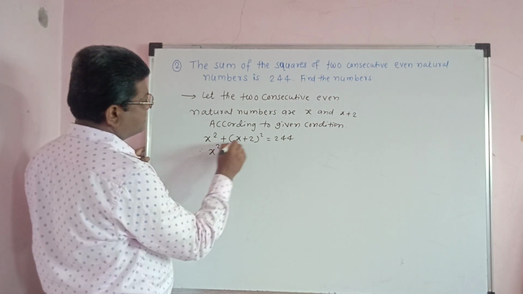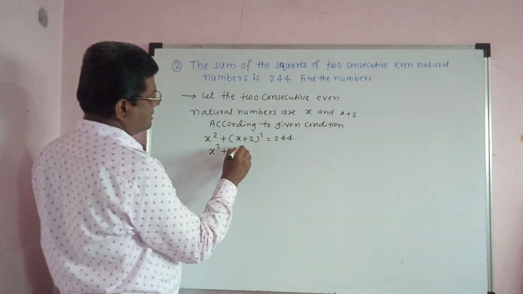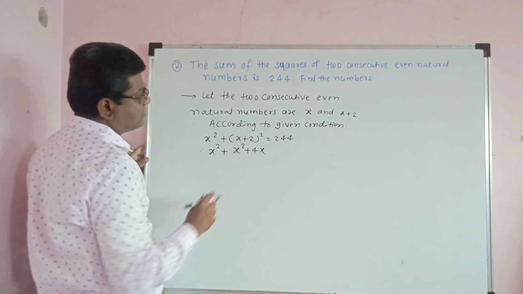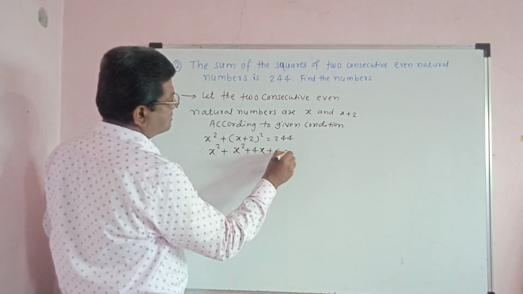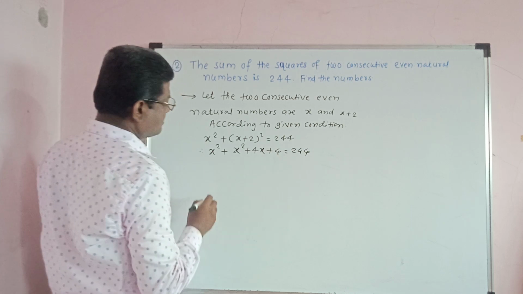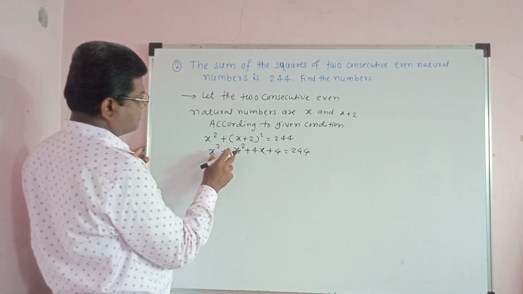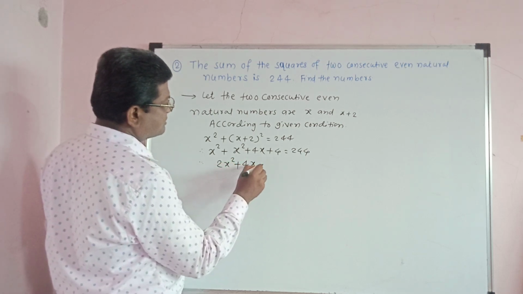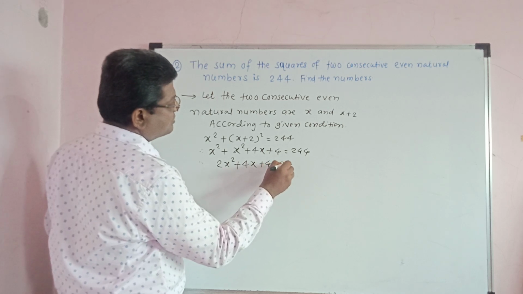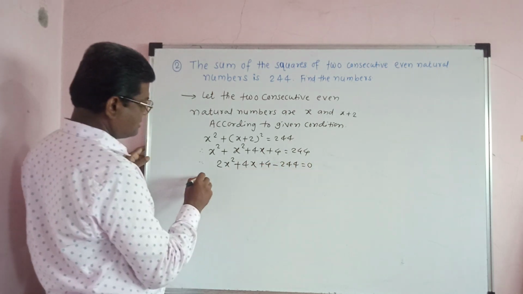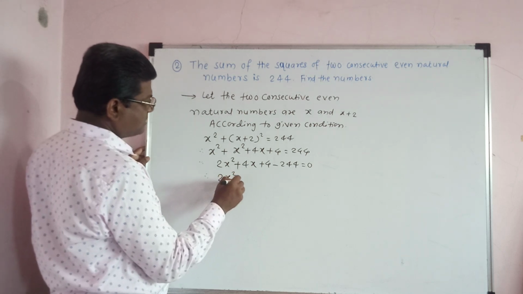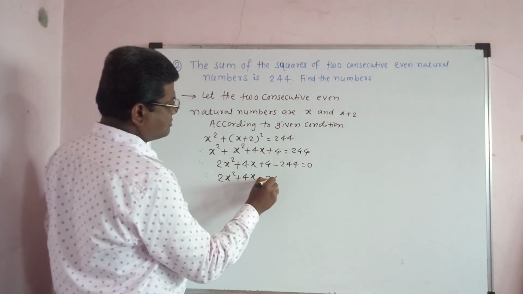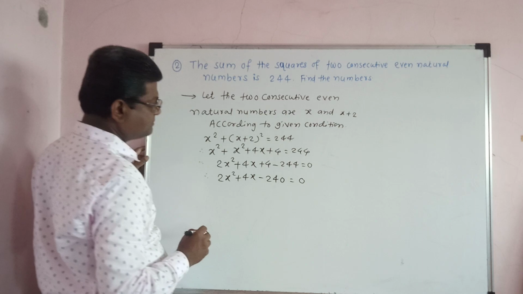Therefore, x square plus x square plus 2 into x into 2, that is 4x, plus 2 square is 4, is equal to 244. Therefore, x square plus x square will be 2x square plus 4x plus 4 minus 244 is equal to 0. Therefore, 2x square plus 4x minus 240 is equal to 0.